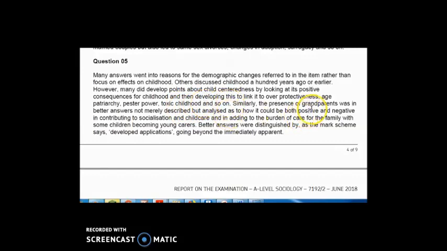Also, the presence of grandparents was in the better answers, not merely described but analysed: how it could be both positive and negative, contributing to socialisation and childcare and also adding to the burden of care for the family, with some children becoming young carers.